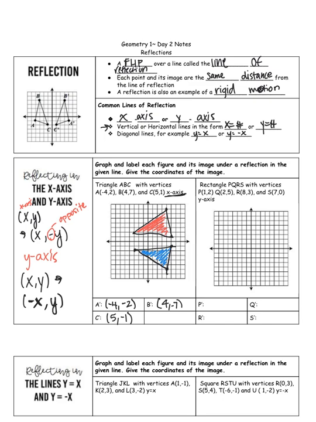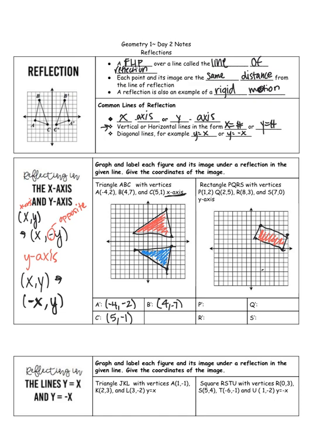Okay, so here we've got a rectangle PQRS, so 1, 2, 2, 5, 8, 3, and 7, 0. There's our rectangle. I'll make it red. And we're going to reflect it in the y-axis.